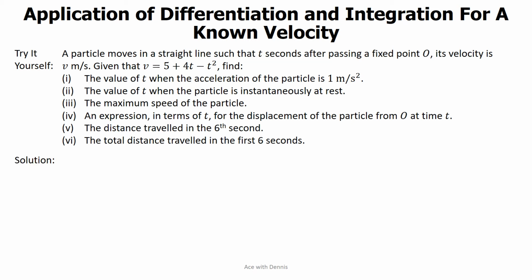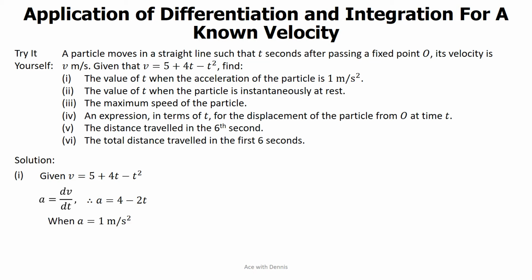Here is the solution. For part 1, given that the equation of the velocity of the particle is v equals 5 plus 4t minus t squared. Before we answer the question, we need to find the equation of the acceleration of the particle, which is a equals dv over dt, and we get a equals 4 minus 2t.